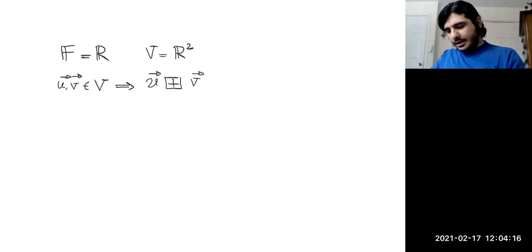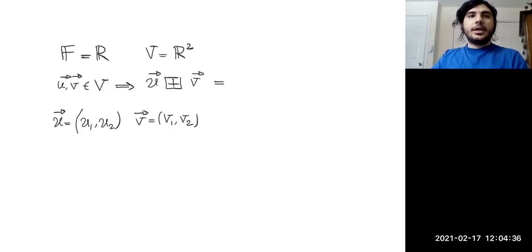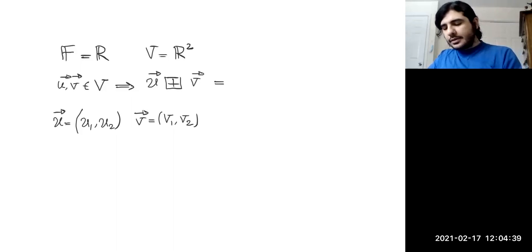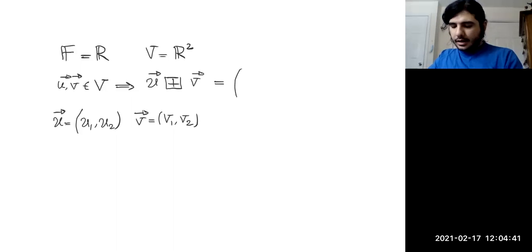Let's define it like this. So note U and V, these two vectors are in R2. So both of them have two components, X component and Y component, U1, U2. Also, V is an element in R2, so it can be written as V1, V2. Now let's define this addition. The addition is supposed to be another element of R2, so it should have two components.